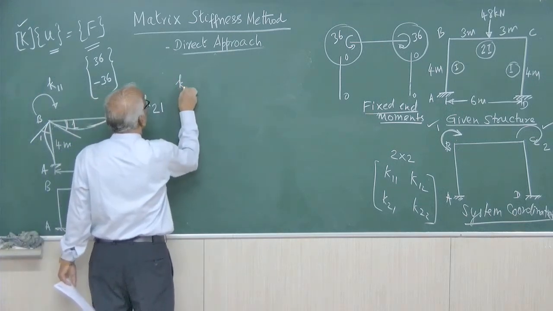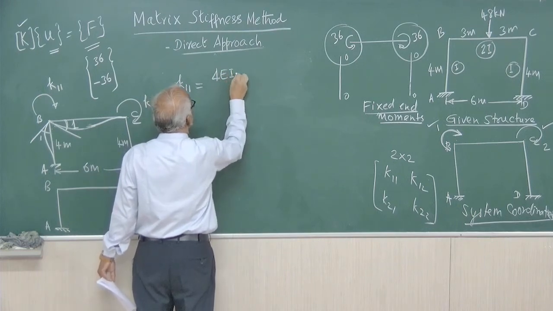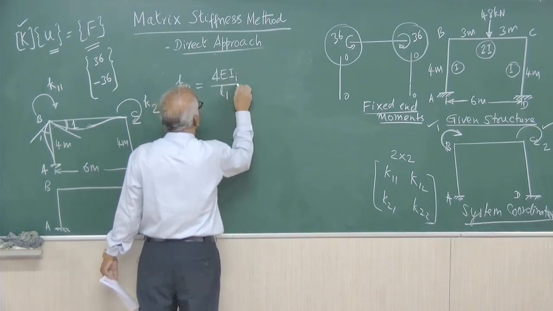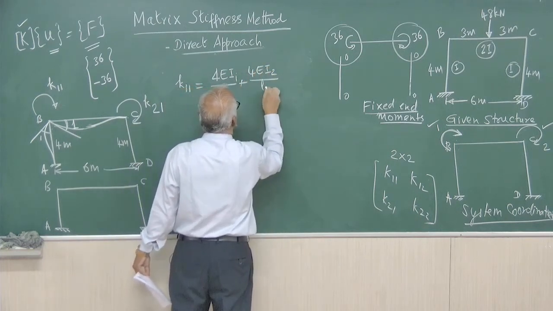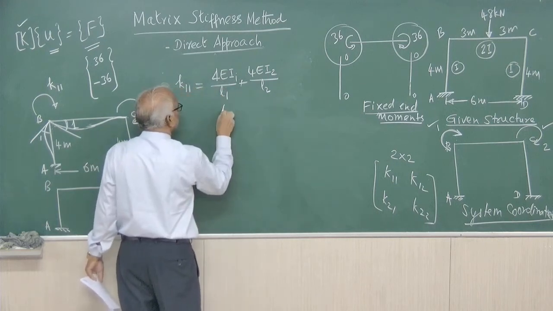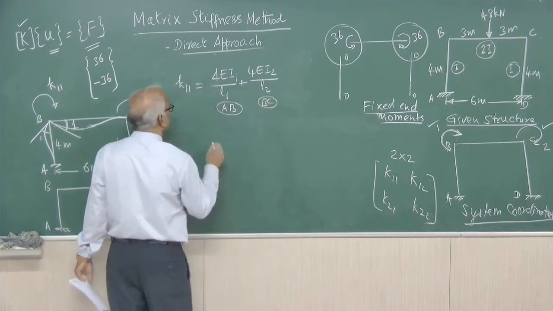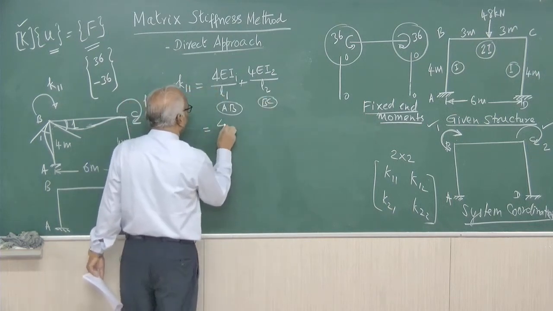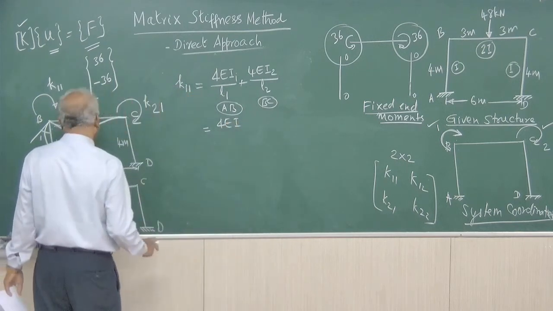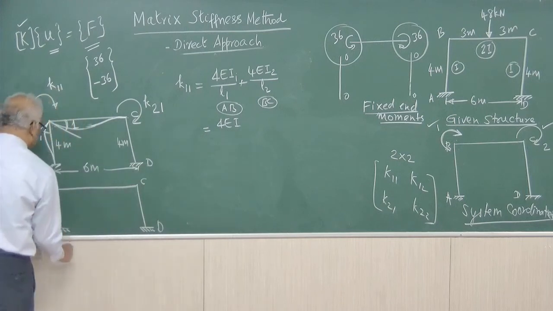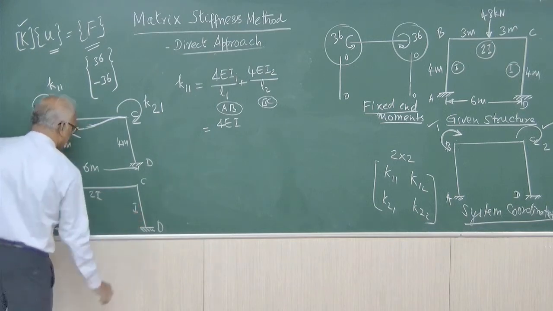Therefore, K11 will be equal to 4E I1 by L1 plus 4E, there are two members, I2 by L2. So let us take this as column AB, this as beam BC. Right. For the column, it is 4E, I is uniform. No, I is not uniform. I is I itself for the column. This mistake we should not commit. This is I, this is 2I, and this is I. Right.